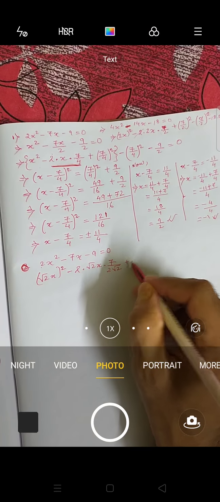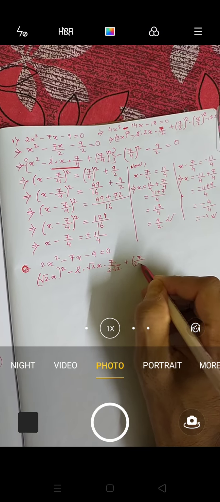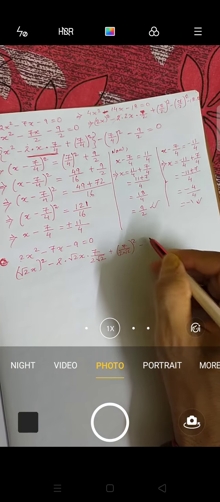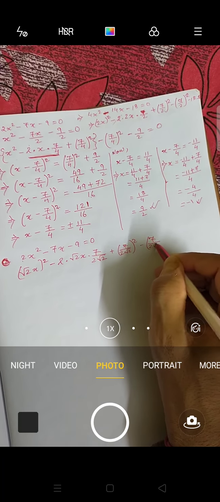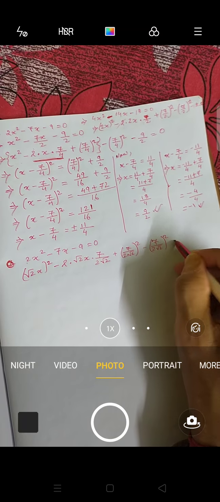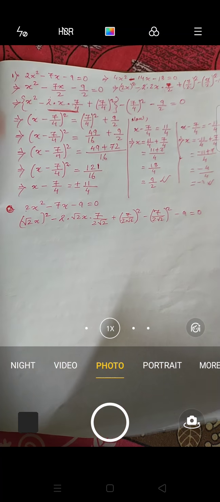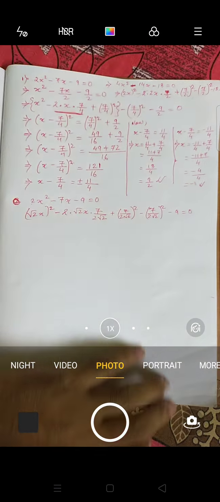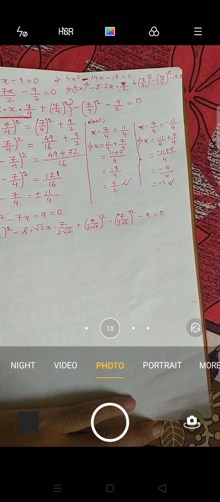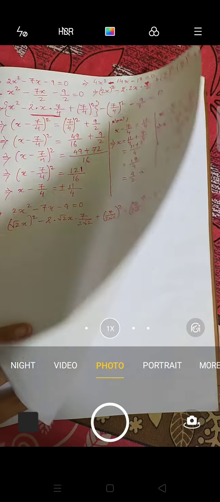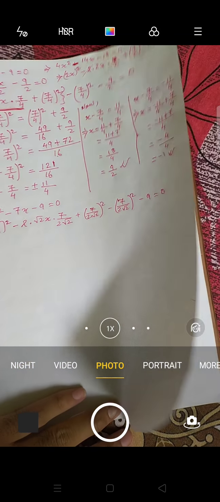Then plus 7 by 2 root 2 square minus 7 by 2 root 2 square minus 9 equals to 0. So next you have to apply the basic thing. In this case we have already solved. This case and this case you can try on your own. Just follow the basic concept, you will get your answer. Okay?